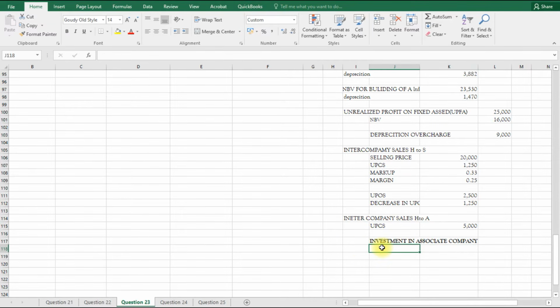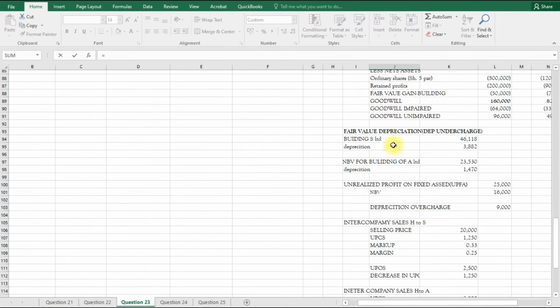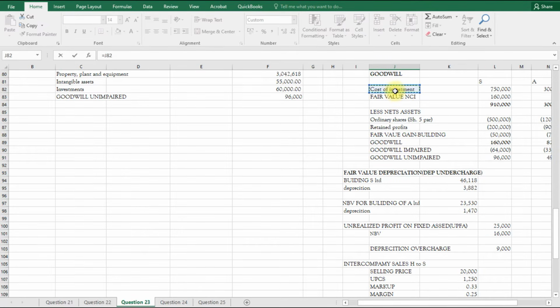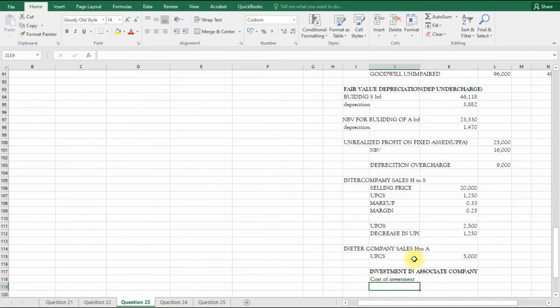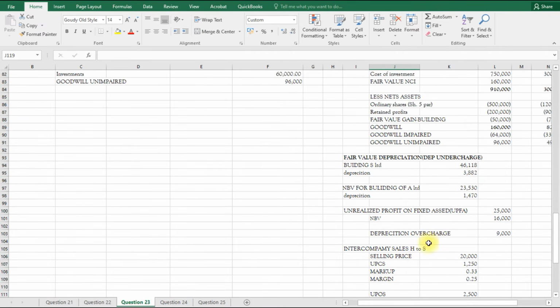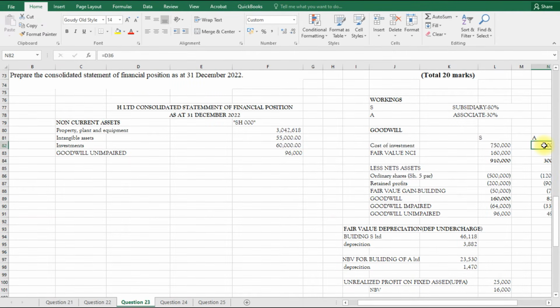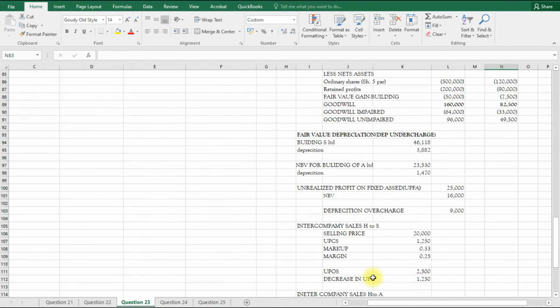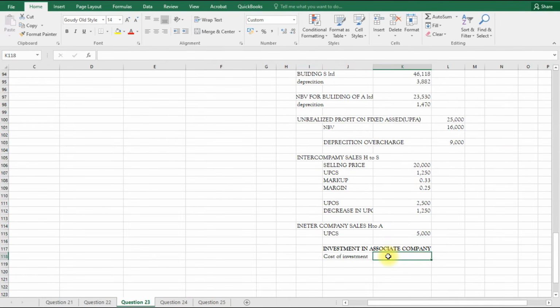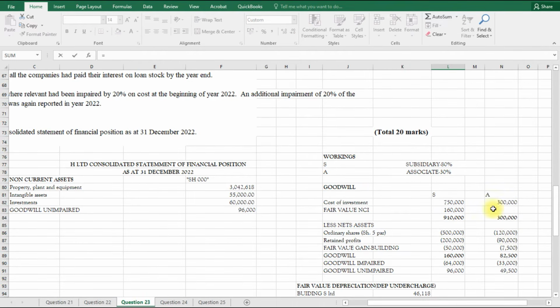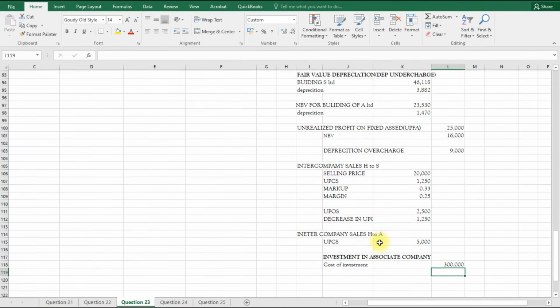And our cost of investment, I think I had that right up, and we are calculating this, cost of investment here. In associate we invested 300,000, we had that value as what we had invested. Our cost of investment, let me put it here, we have 300,000.